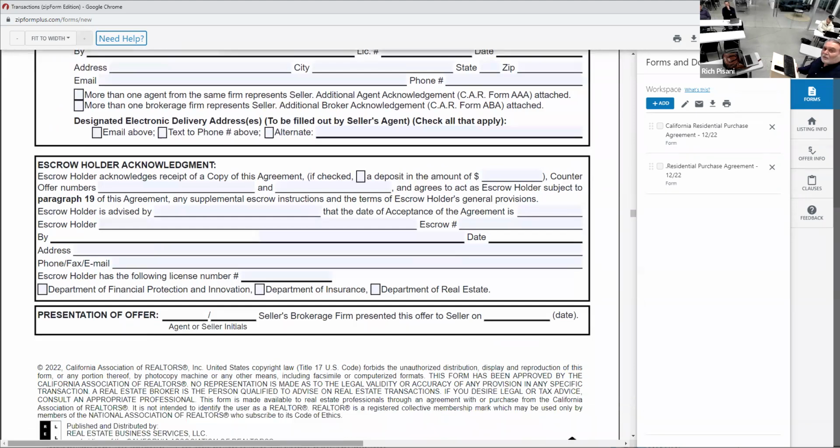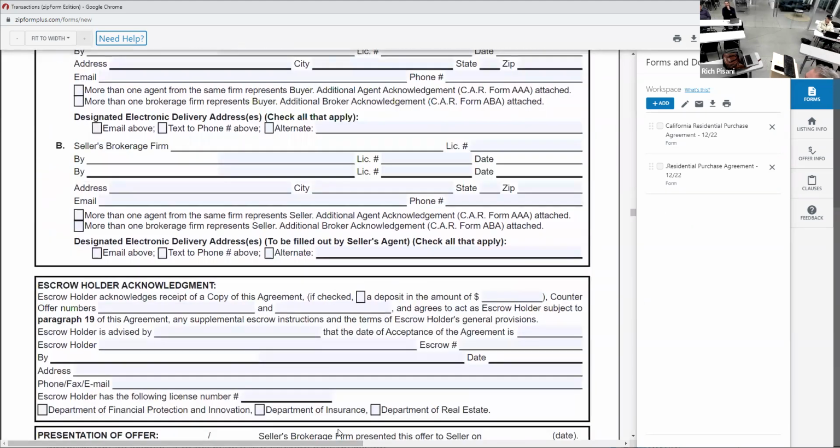And then the same with the seller's information, put in the listing agent's email address. Because you don't want it going back to the old way, in that you have to prove that they got it. This way, if you emailed it to them, then it was sent and received.